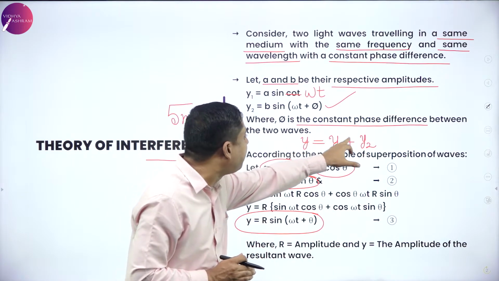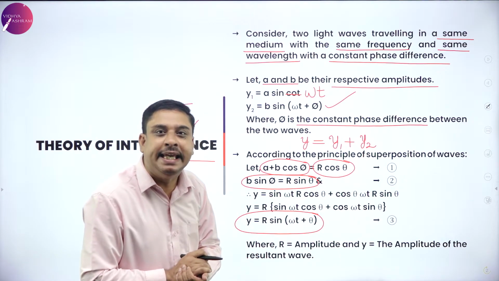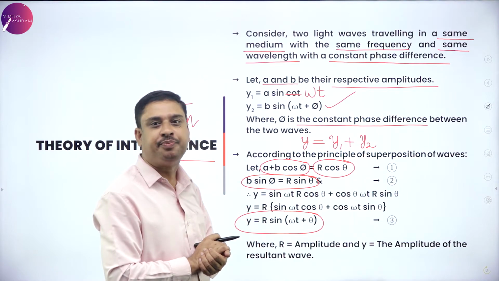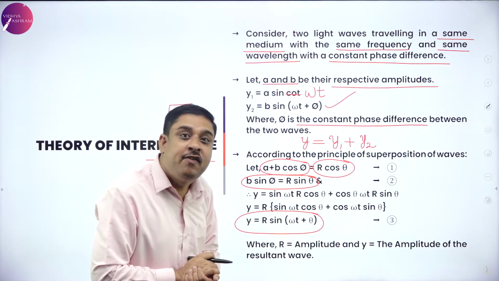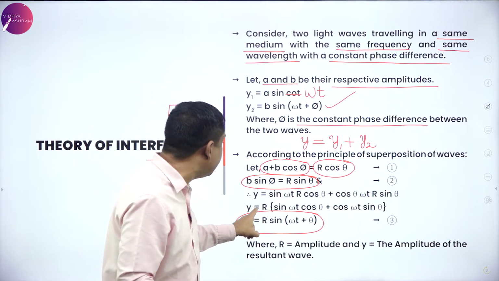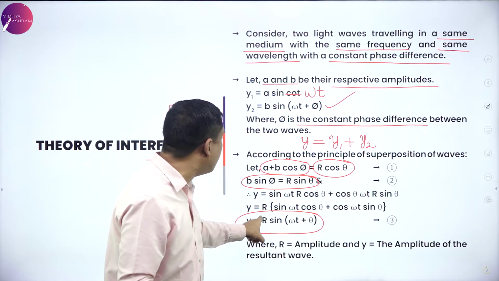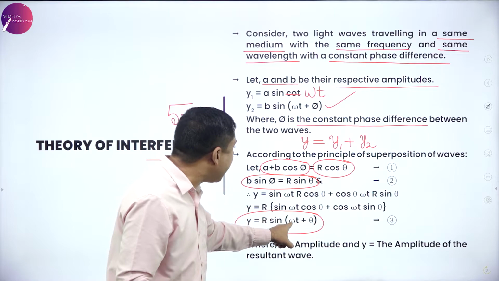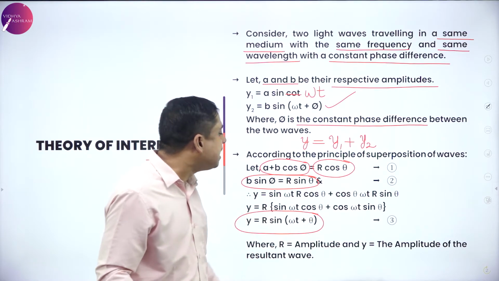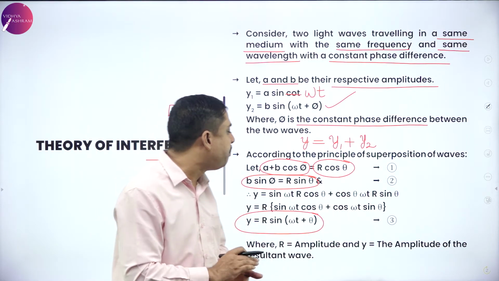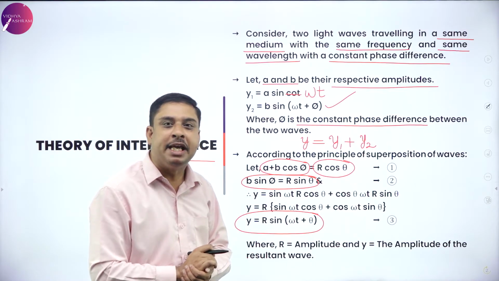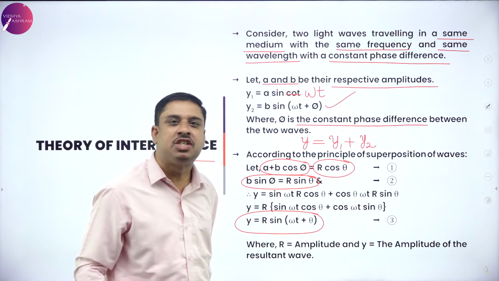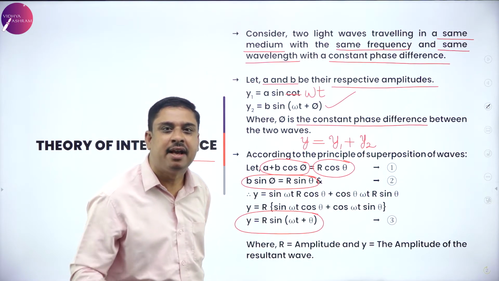After simplifying, y equals y1 plus y2. We are arriving at a condition y equals R sin(omega t plus theta), represented by equation 3. Now, what is equation 3 representing?